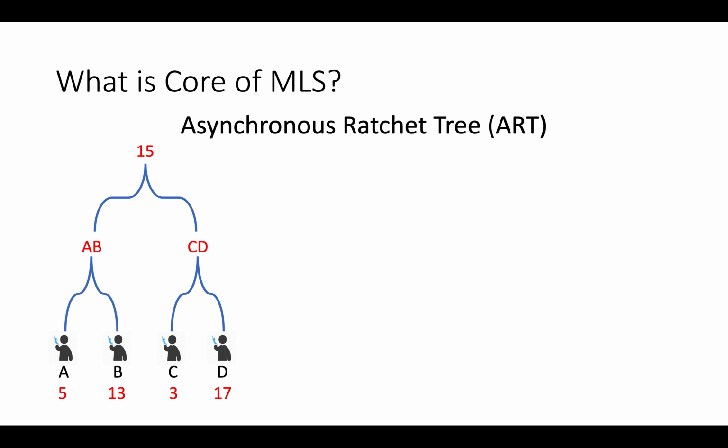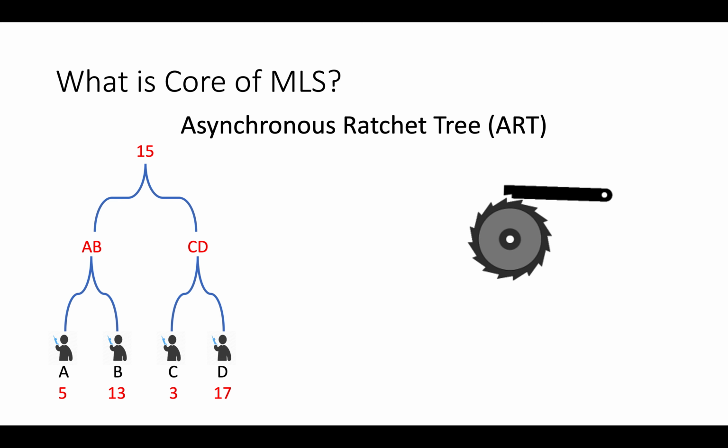So, this is called a typical asynchronous ratchet tree, and we will see in detail how it is formed and how it works. But before we begin our session, one question. What is the meaning of ratchet? A dictionary meaning? Okay, let me show you one animation.